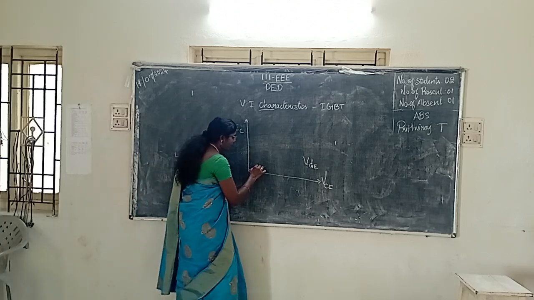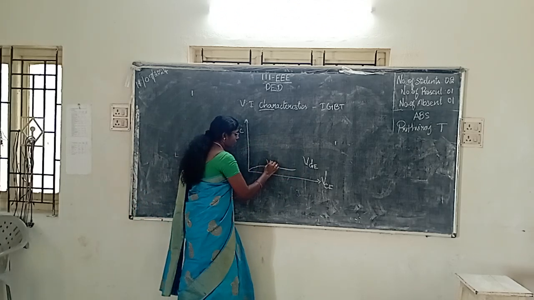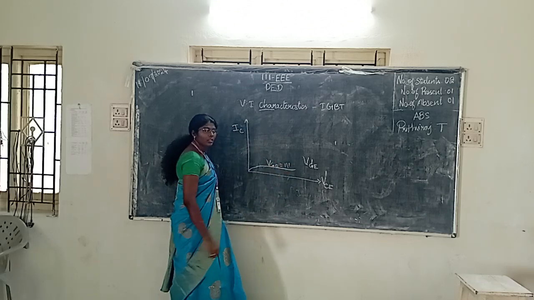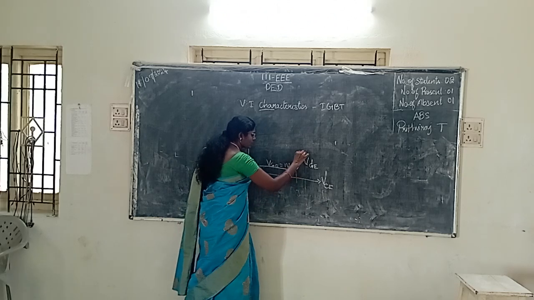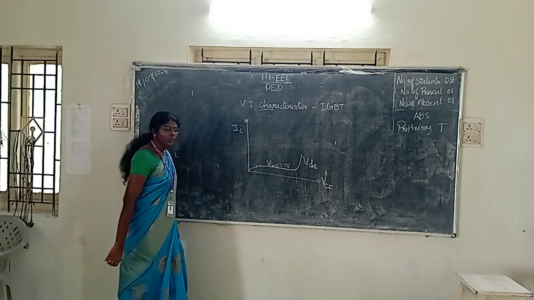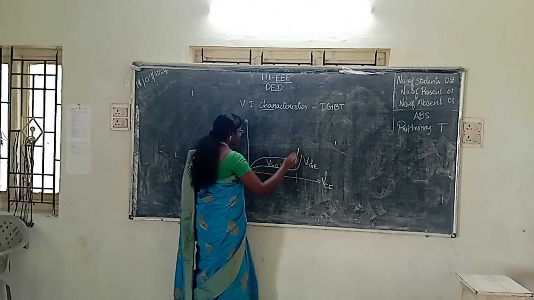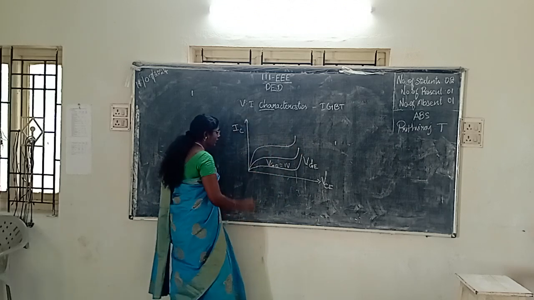After that, if we set VG as 1 volt, after reaching the threshold region it will increase. Likewise, if I increase VGE to 2 volt, it will increase. VGE as 3 volt, it will increase.